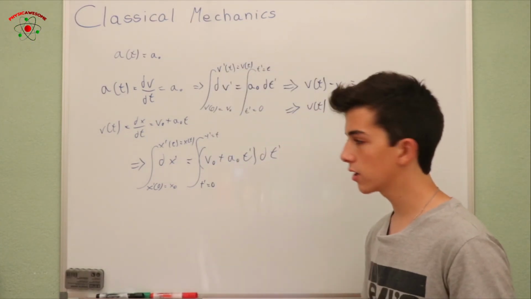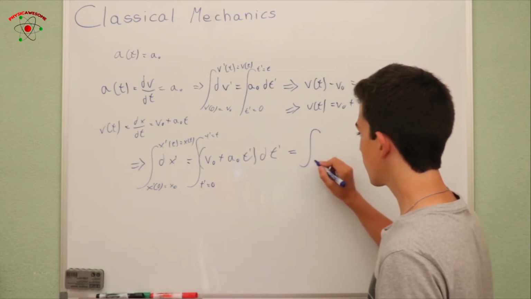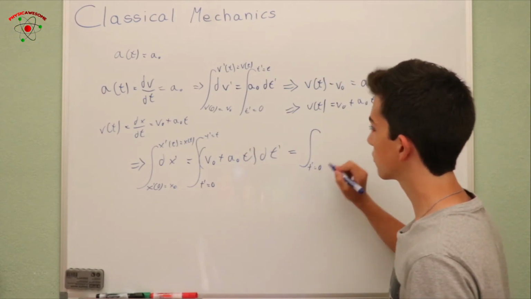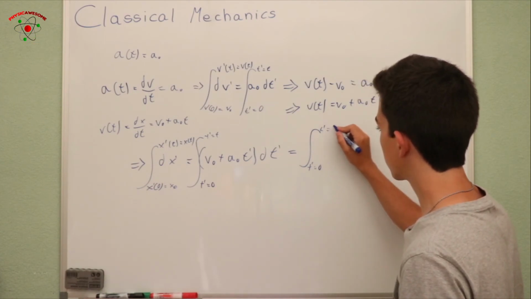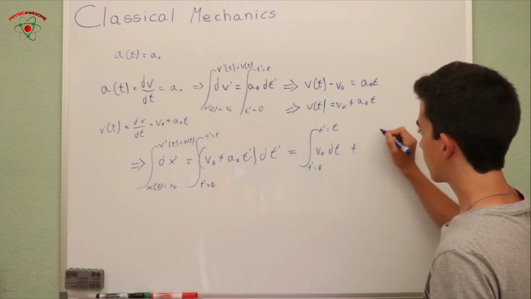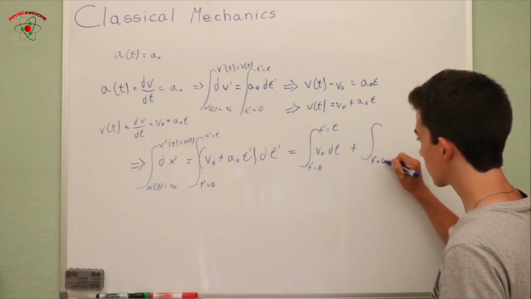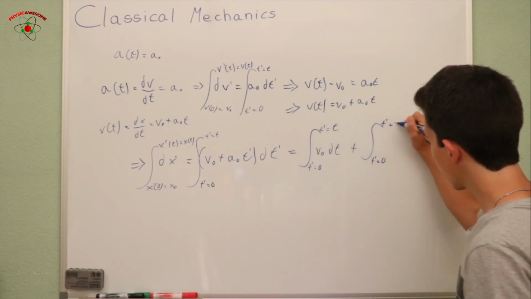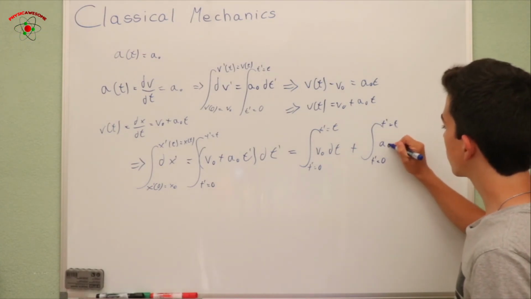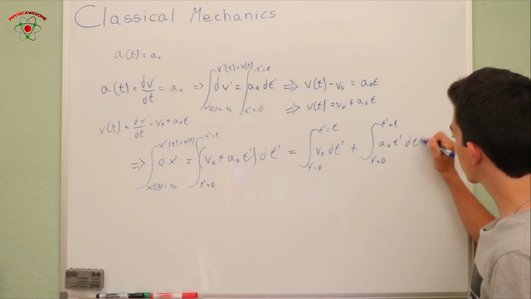Now, if we carry out this integration, we're going to need to separate those two terms over here: the integral from t prime equals 0 to t prime equals t of v sub 0 dt, plus the acceleration part, using the properties of integrals.